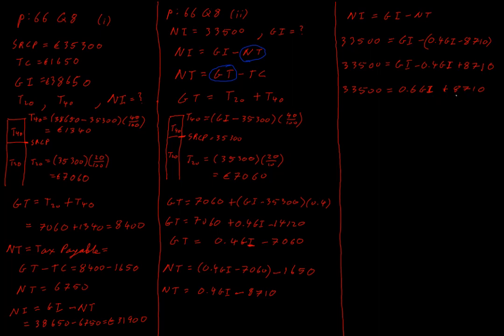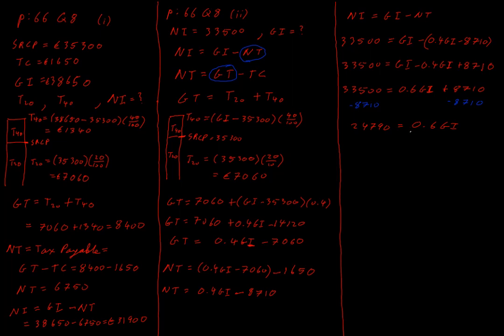Now I need to rearrange to get at my gross income by itself, so I'm going to subtract 8,710 from both sides, and I get 4,790 is equal to 0.6 GI.